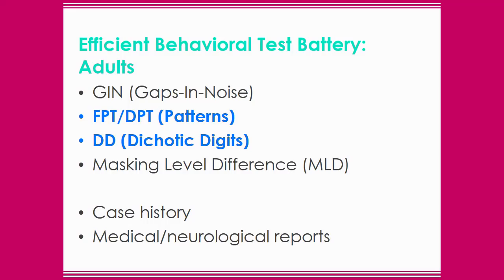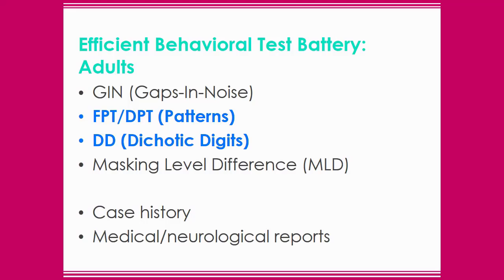Does that mean you should never bother with the gaps in noise or the masking level difference? I would suggest that if you are able to administer more than 2 tests, more than the patterns and the digits tests, by all means do, because you will collect more information, in particular using masking level differences and even the gaps in noise.